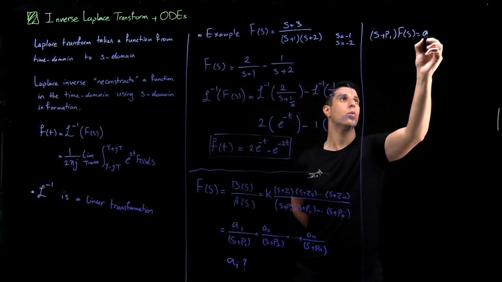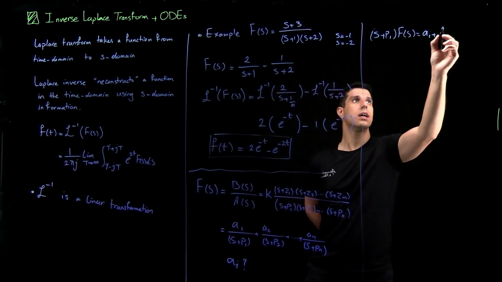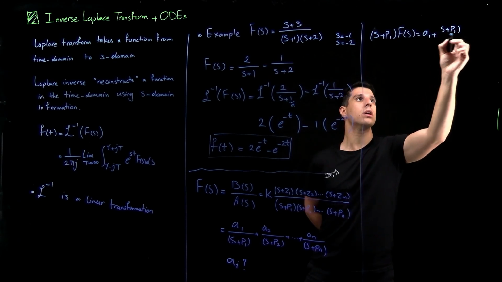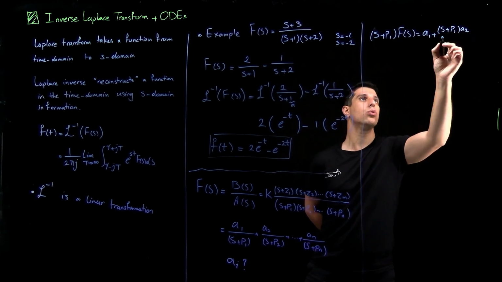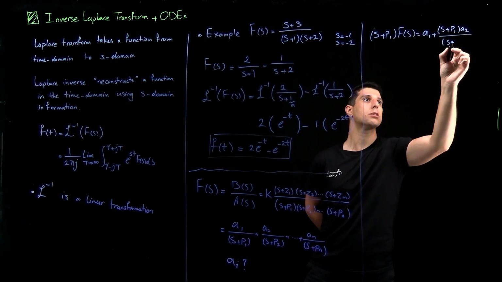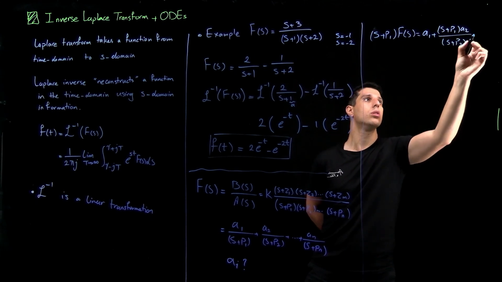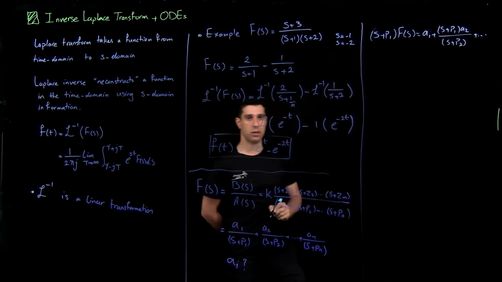So I have A1 plus s plus p1 A2 over s plus p2 and all other terms.